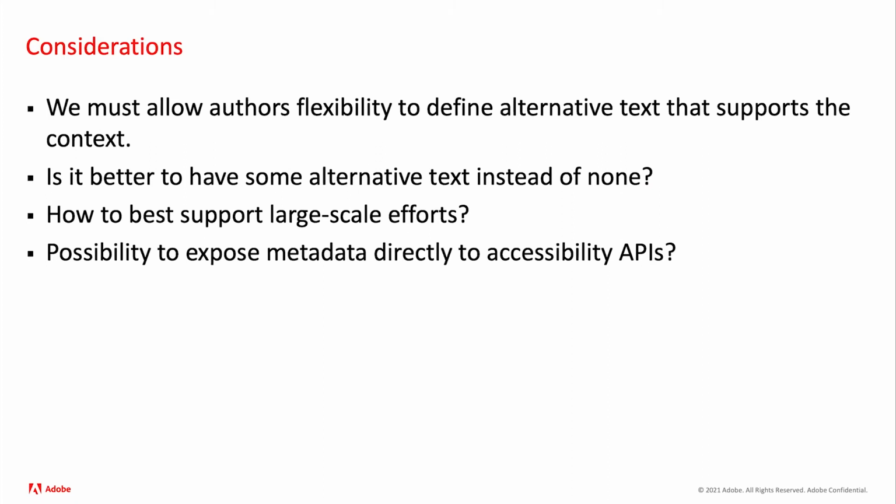So some of the considerations I've mentioned here: flexibility for authors, and other questions that will come up. Is it better to have some versus alternative text instead of none?